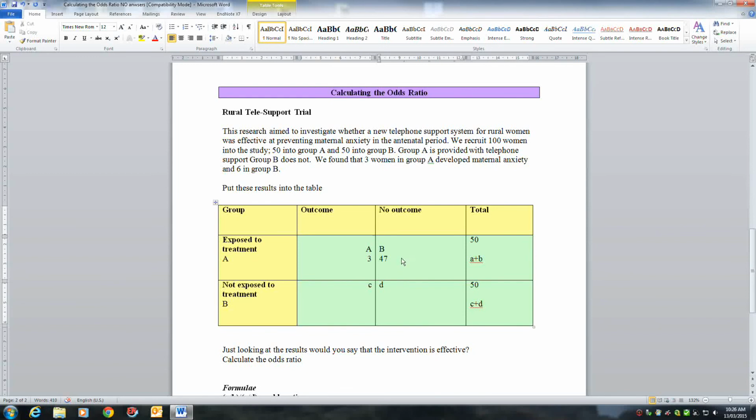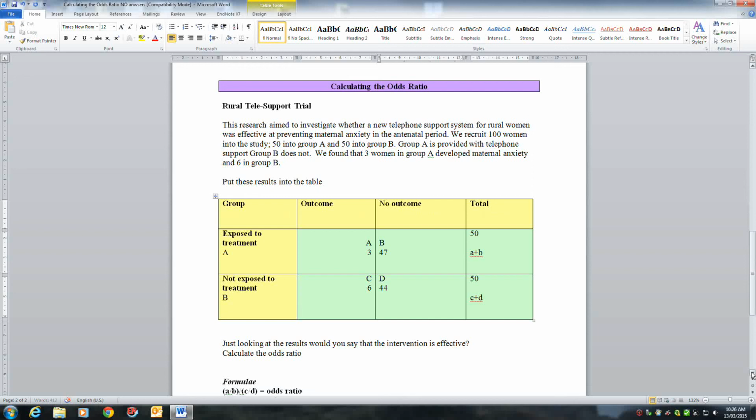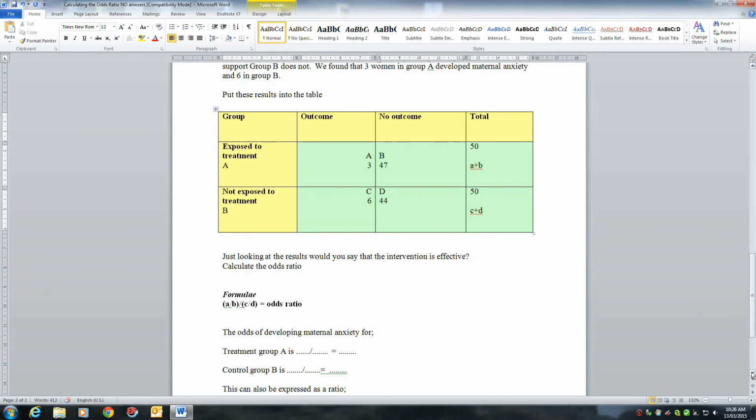And in group B, the ones who didn't get exposed to the treatment, we found that 6 in that group got anxiety, which means we've got 44 in the group who didn't. Okay, so we've got equal numbers in each group. Let's just have a look at what we think we're going to find.